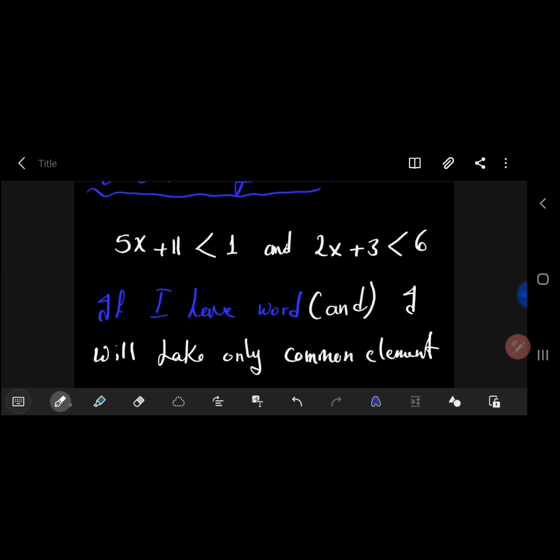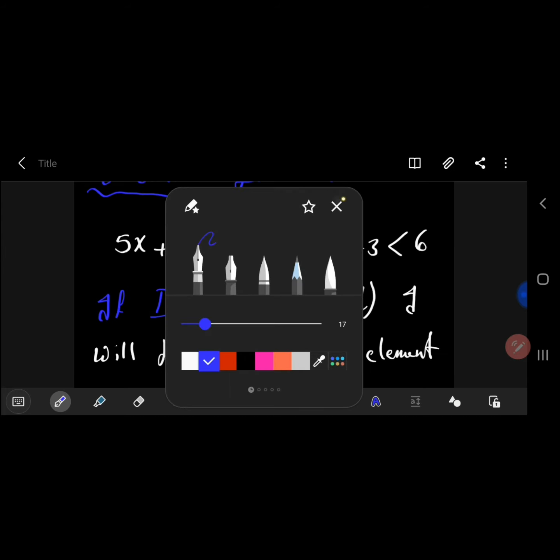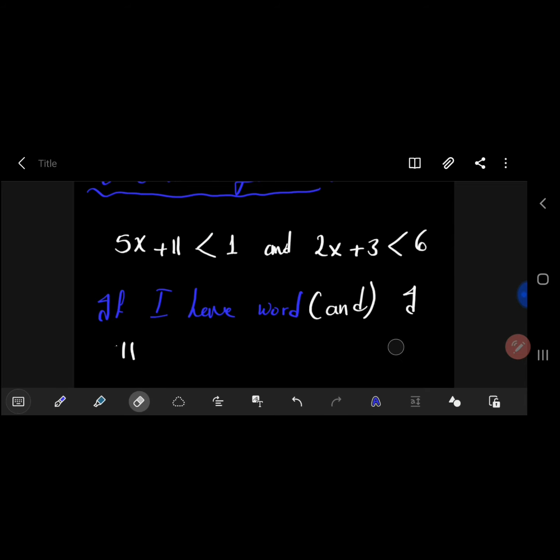What's the meaning of that? If I have the word "and", I only take the common elements.